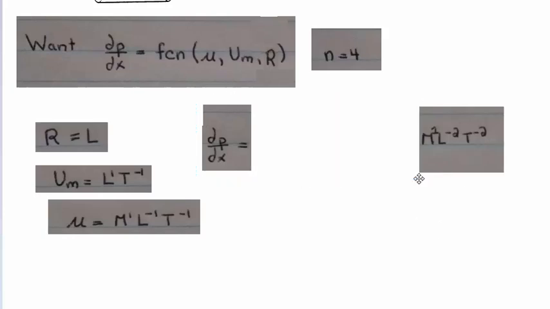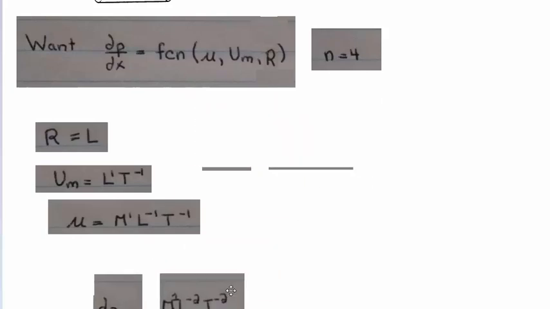We know that pressure is force per area, so we could put in these terms, and since you know that force is in newtons and you know that F equals ma, you could work through that and slowly get everything into units dealing with M for mass, L for length, and T for time. So I'm just going to get rid of everything in between, and we know that dp/dx could be represented in this way.